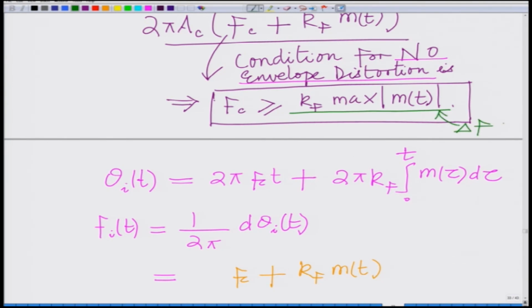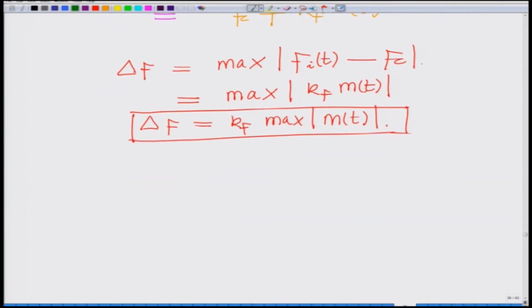nothing but delta f. Therefore, the condition for no envelope distortion reduces to the fact that the carrier frequency must be greater than the peak frequency deviation of the FM signal.